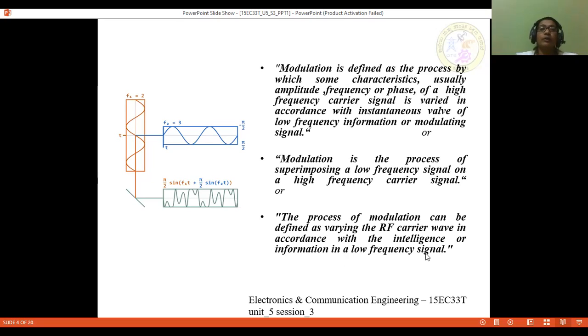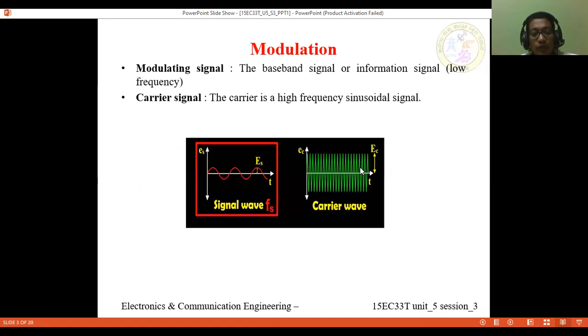By this, we can clearly understand that the amplitude, frequency, or phase of the high frequency carrier wave can be varied in accordance with the instantaneous values of the message signal.